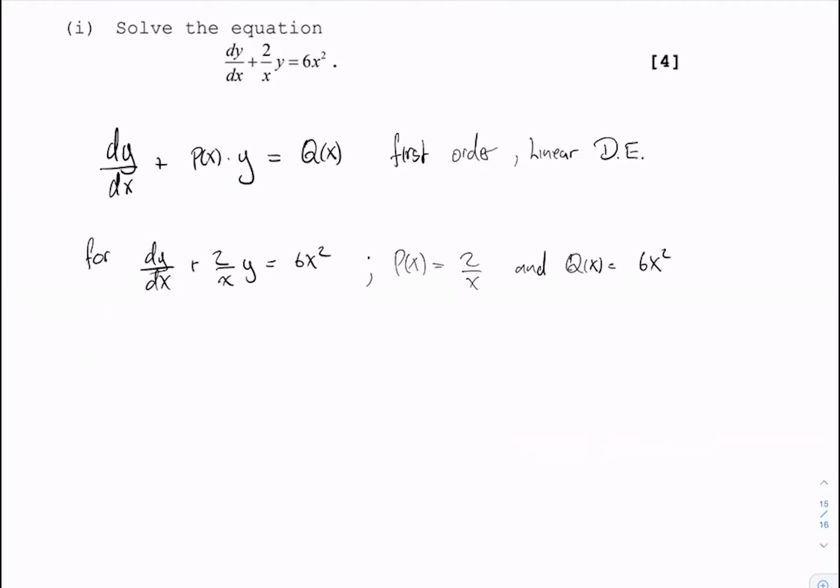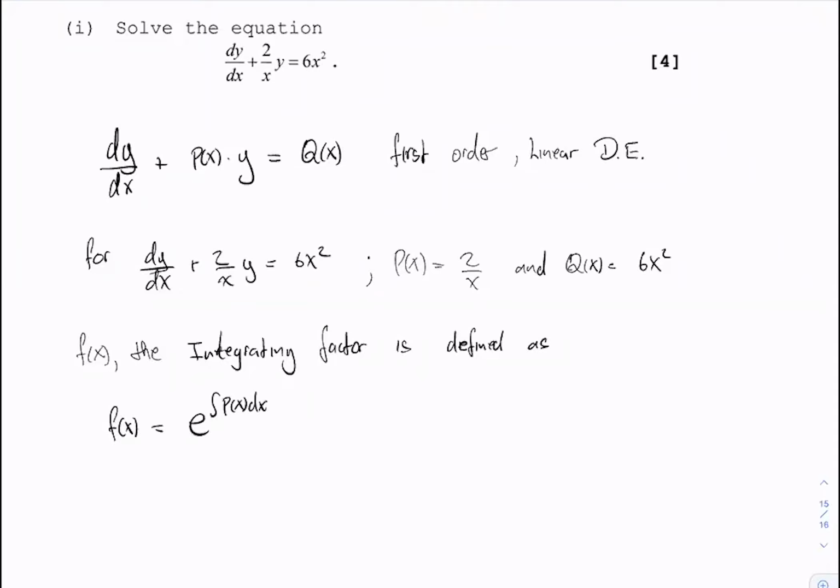So we use the integrating factor approach here, which says that f of x, the integrating factor, is defined as f of x equals e to the integral of p(x) dx. So once we can find this integral, we take the integrating factor. So let's say that the approach to solving this equation is 1.